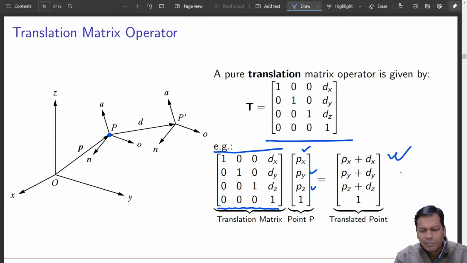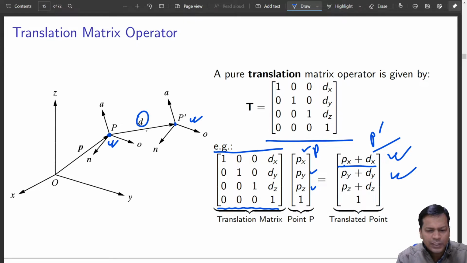You can try multiplying this, and definitely you will get this. Now what is this? If this is point P, this represents point P dash, is it not? So it is effectively Px plus Dx, Py plus Dy, Pz plus Dz, where Dx, Dy, Dz are the components of D along X, Y, and Z.